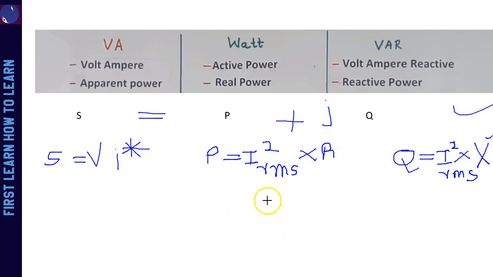There is also another set of formulas. So if you see P is equal to I RMS square into R, which is the formula for real power or active power or true power or actual power.